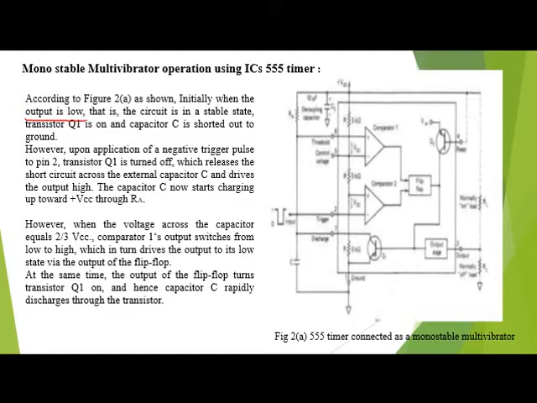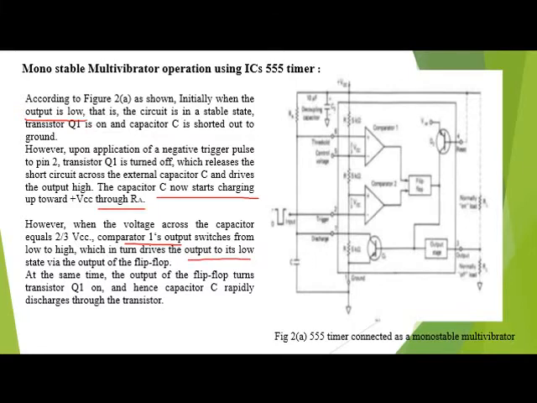The capacitor C now starts charging toward VCC through RA. When the voltage across the capacitor equals 2/3 of VCC, the comparator 1 output switches from low to high, and the output goes low.